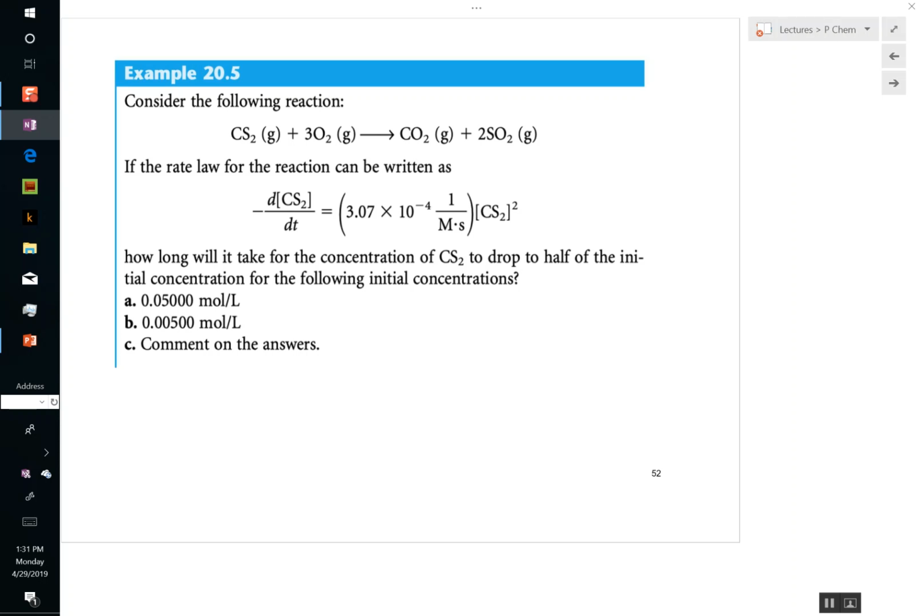It's given that this is second order in carbon disulfide. How long will it take for the concentration of carbon disulfide to drop to half of the initial concentration? For the following initial concentrations: 0.05 moles per liter and 0.005 moles per liter. So here's one, we're going to compare it to another one that's 10 times more dilute.